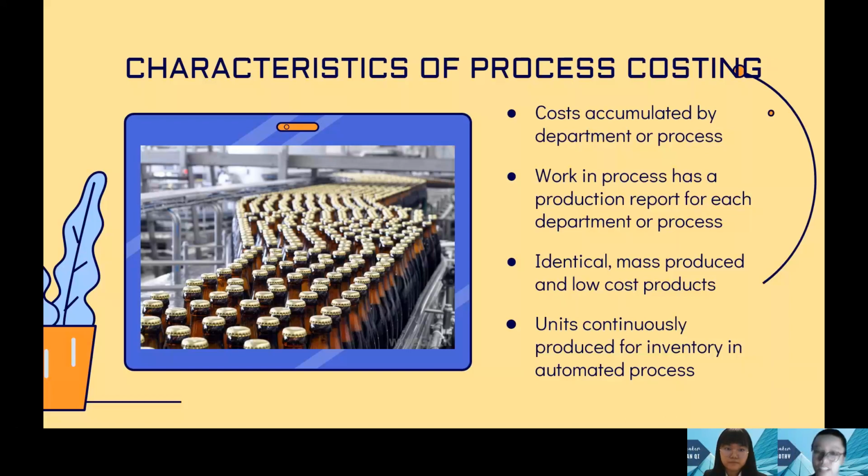This is related to the first one. And third, identical, mass-produced and low-cost products. We've been talking about this before. And units are continuously produced for inventory in an automated process. Because these are mass-produced and low-cost products, the process is done by machinery and automated.